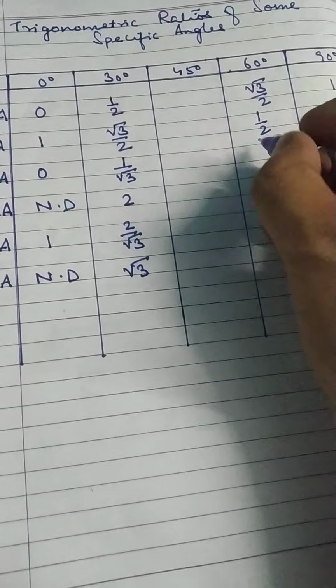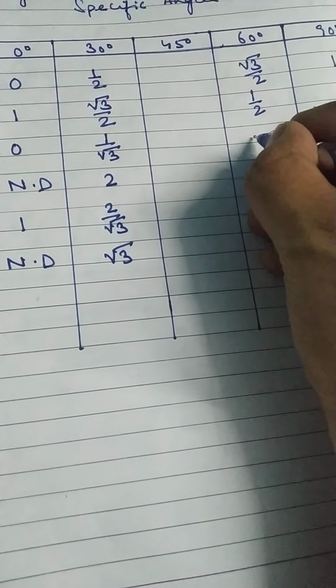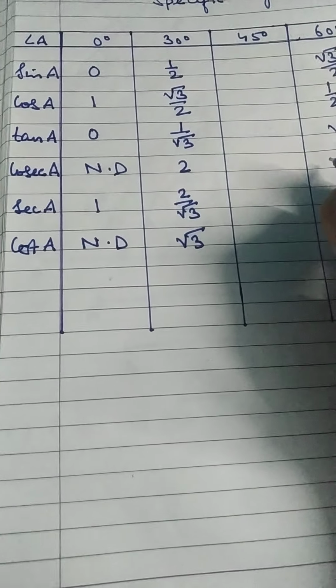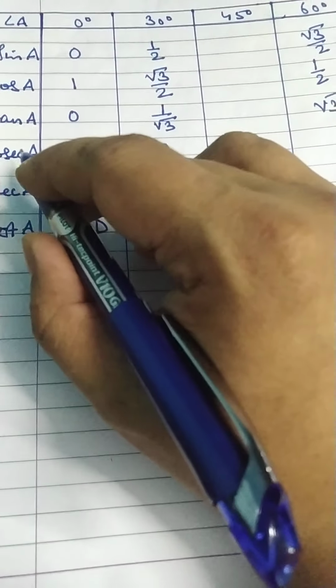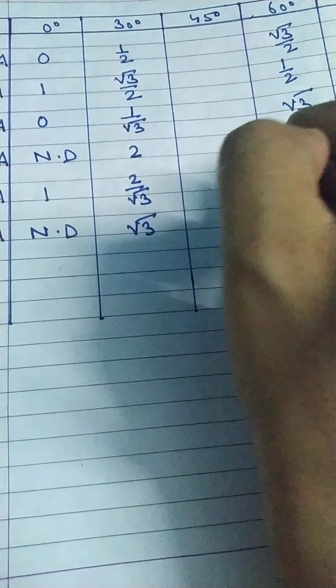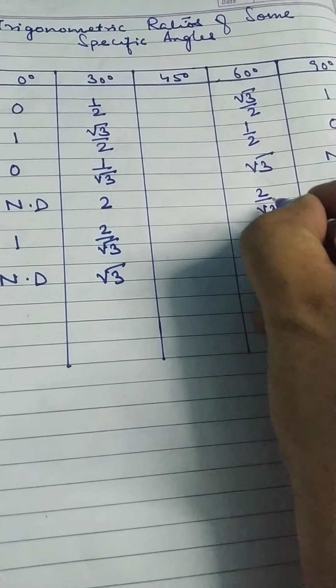Therefore tan 60 will be sin 60 divided by cos 60, so it will be root 3. Now cosec 60 will be the reciprocal of sin 60, so it will be the reciprocal of root 3 by 2, which is 2 by root 3.